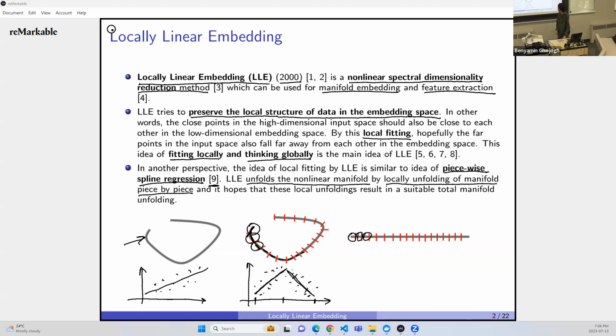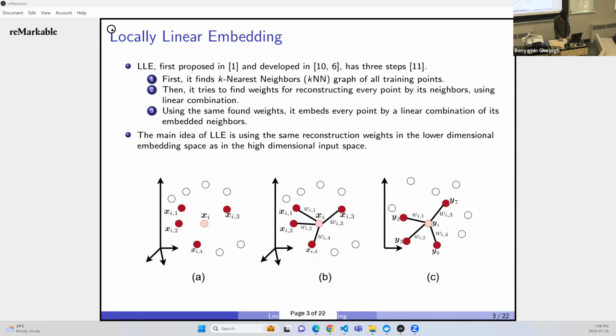As you see, although it was curvy, I could unfold it by treating it piecewise. This is the idea of local linear embedding. It treats the manifold piecewise or locally. It was proposed in reference 1 and developed in references 10 and 6. One is the Journal of Science, and the other is the Journal of Machine Learning Research.